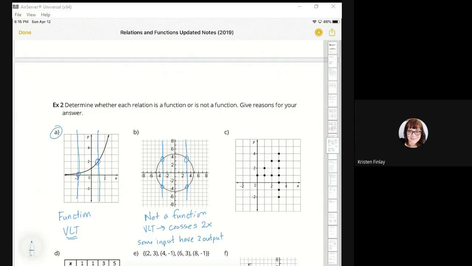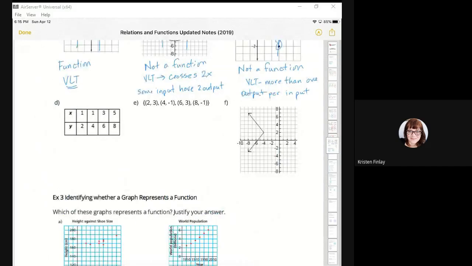Okay, looking at C, if I draw my vertical line here, I have way more than one option. So this is not a function. Okay, and remember, it's just a vertical line. Horizontal lines don't matter. This is called the vertical line test. So more than one output per input. Okay, let's keep going, do some more.